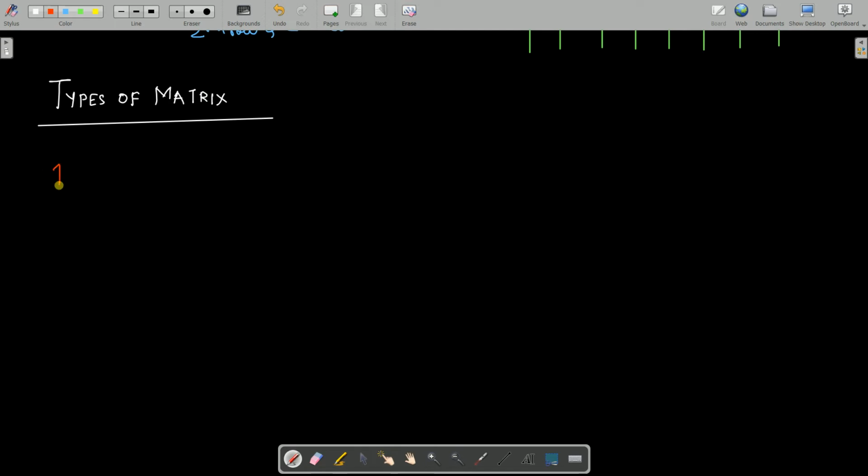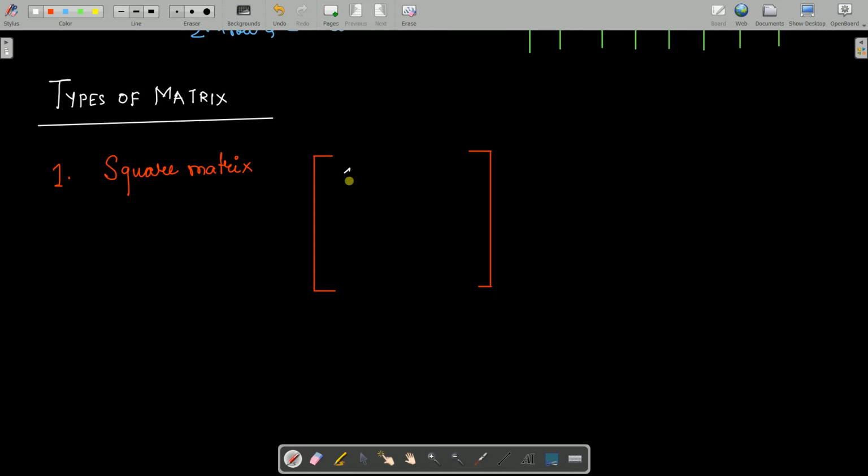The first type of matrix, which is the fundamental one, is your square matrix. Square matrix means it will have an equal number of rows and equal number of columns. That is why it is called a square. You know that all sides are equal.